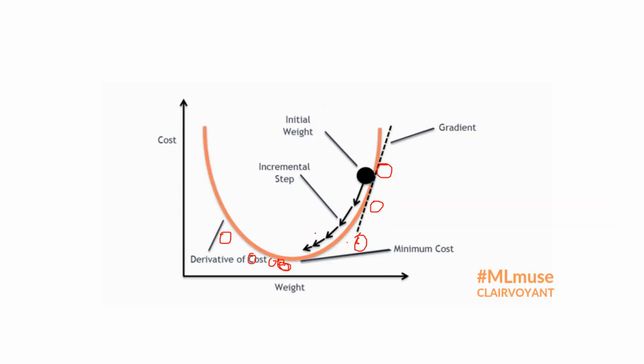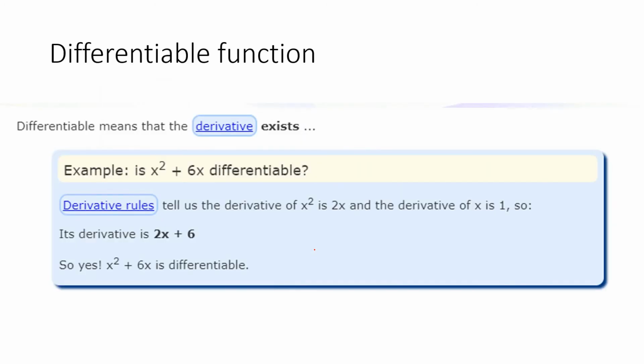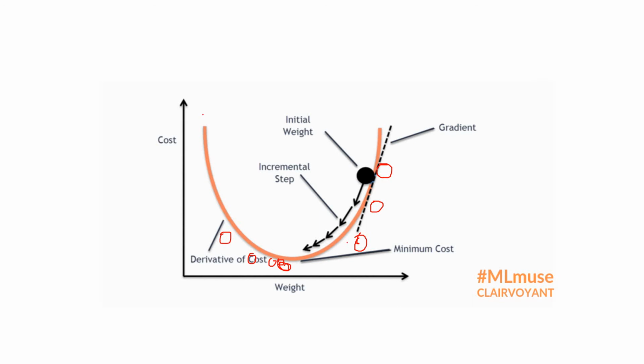Okay, so there is another concept called differential function. So basically the computer doesn't see this as a pictorial diagram. Instead, what it does is calculate the differentiation. So once you calculate the differential of a function, what you get is this line.